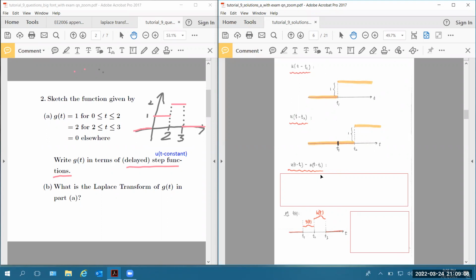Anyone? Class, are you all following me? Can you all hear me or not? Below t1, what is this one minus this one? Do you understand what I'm asking?